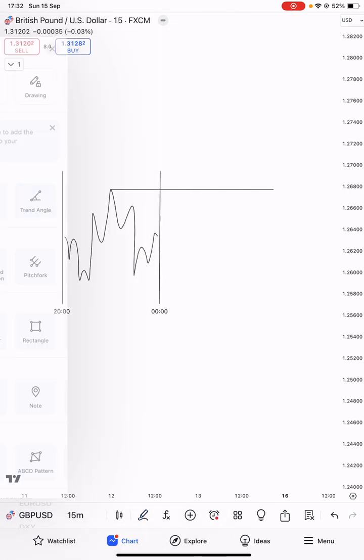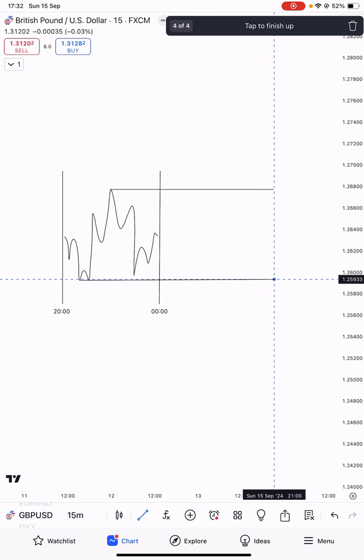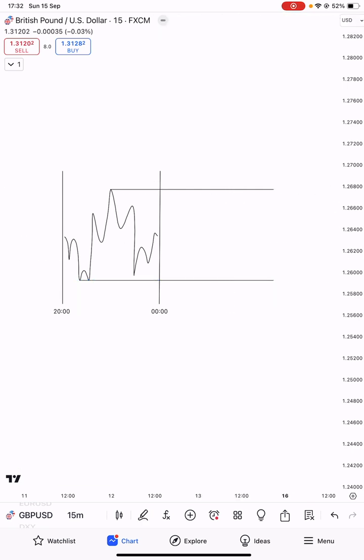Is it a pattern? No, because there is the Asian range pattern. If you can find it online, it's not an ICT concept, it's a historically known pattern. So one side to the other side.